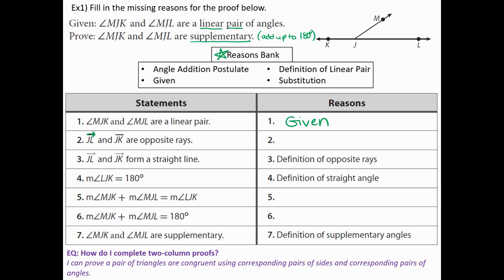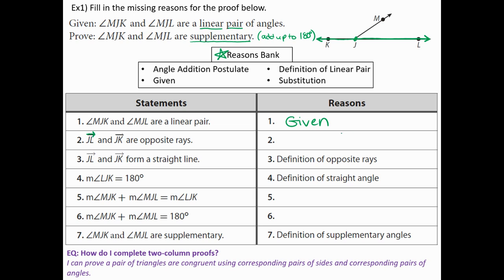It always gives us the endpoint first and then the direction of the arrow. So JL, which on our picture would be right here. Okay. And ray JK are opposite rays. So opposite means they start at the same point and they go in the exact opposite direction.